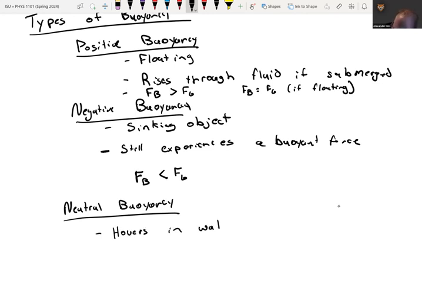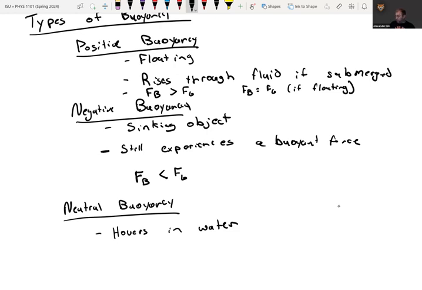Fish, almost all marine animals, have some method of controlling their buoyancy that allows them to hover at whatever depth they want to. A lot of times it's the inflating of an organ or something like that. And a lot of times their bodies are very close to the density of water anyway, so it makes it easy to attain that.